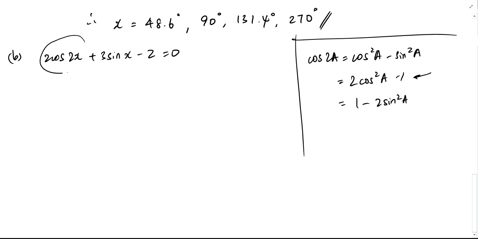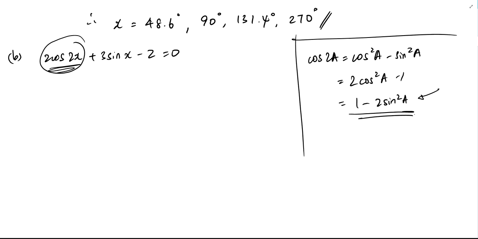If I rewrite my cosine 2x into cosine square x, I will have a cosine square x term plus a sine x, which again doesn't help. And finally, the third option. If I rewrite cosine 2x in terms of sine square a, then mentally I can foresee that it becomes a quadratic. And that is the option I'll be using.